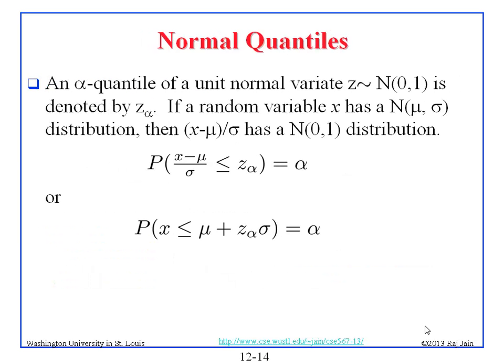All right, quantiles. The normal distribution also has quantiles, and we are going to use those. We call them Z, the letter Z. So the alpha quantile of normal 0, 1 is called Z alpha.